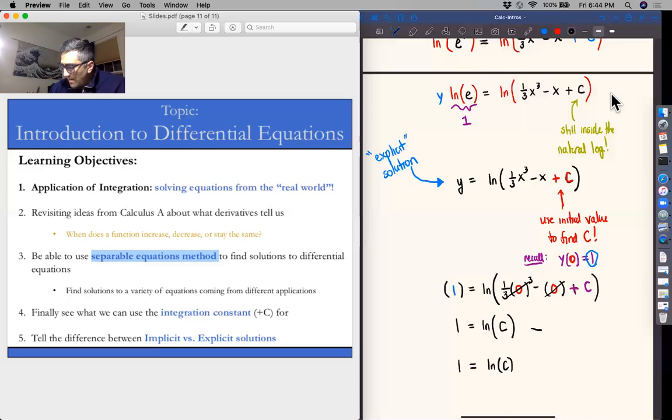We exponentiate both sides to get c by itself. And that's really a fancy way of saying, both sides of the equation, we're going to raise e to both sides of that equation.